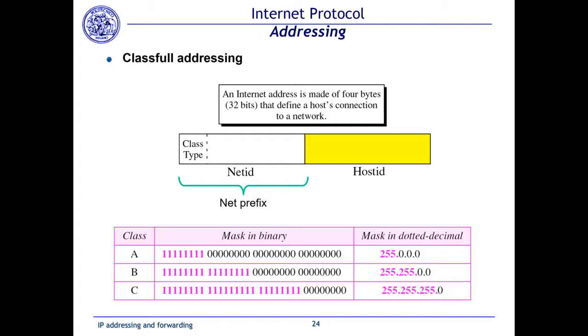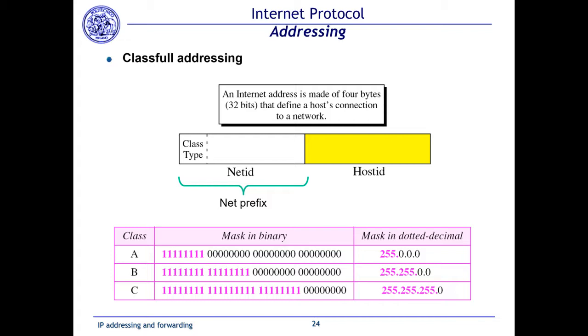So in this classful system, there are only 3 possible net masks. One is 255.0.0.0, and the other ones you see there. And each net mask is rigidly associated to the class.